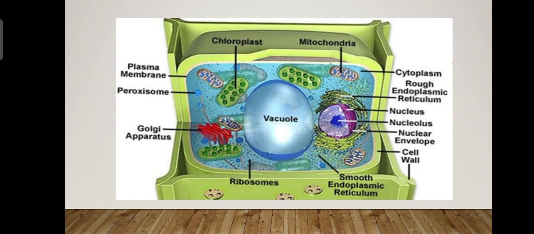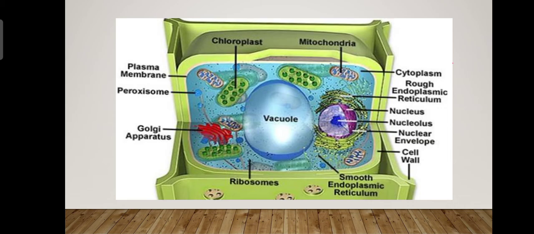In single celled organisms like amoeba, the food vacuole contains the food items that the amoeba has consumed. When amoeba engulfs the food, it is stored in the food vacuole.